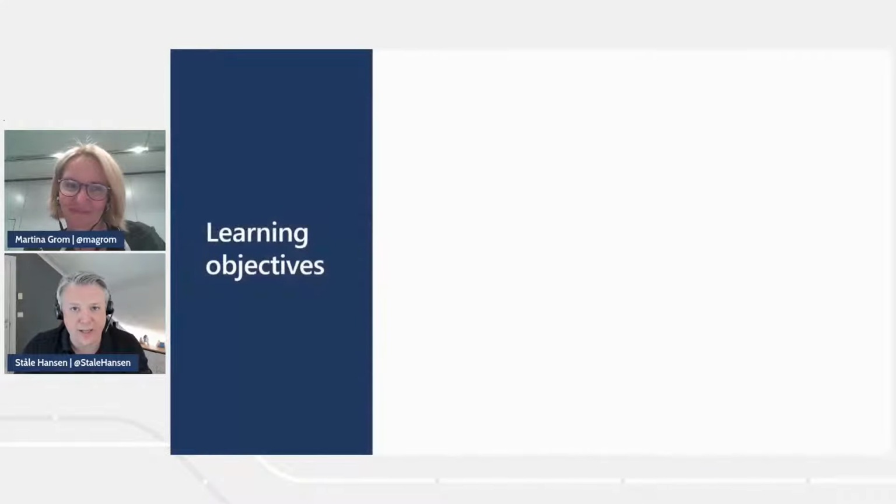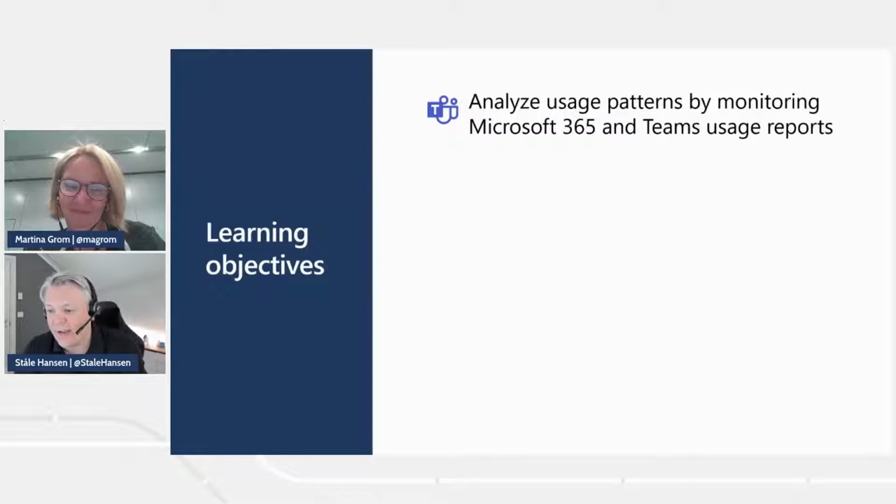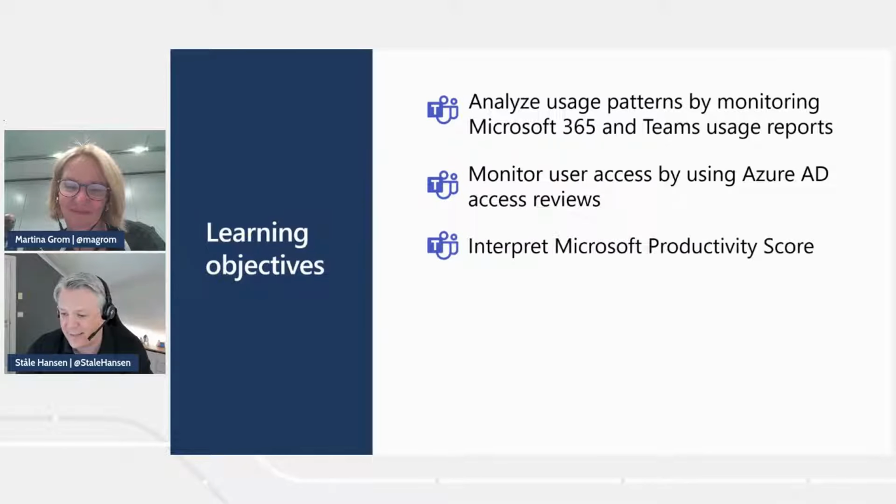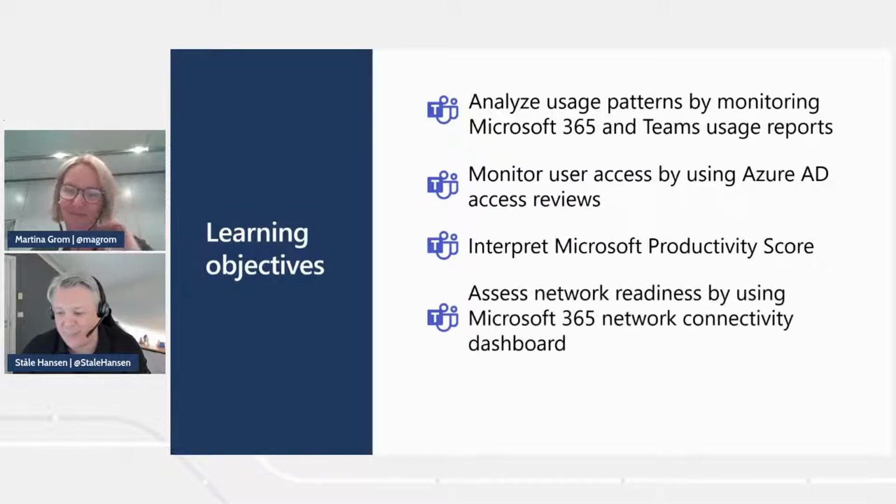The topics for today are how to analyze patterns by monitoring Microsoft 365 and Teams usage reports, how to monitor user access by using Azure AD access reviews, and interpret Microsoft Productivity Score. I'm looking forward to walking you through that. It's a very interesting topic.